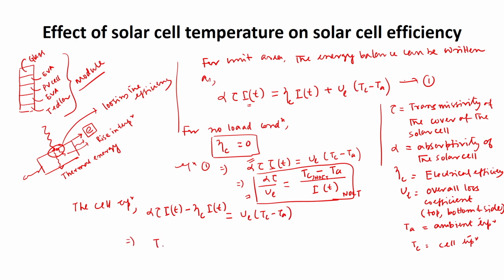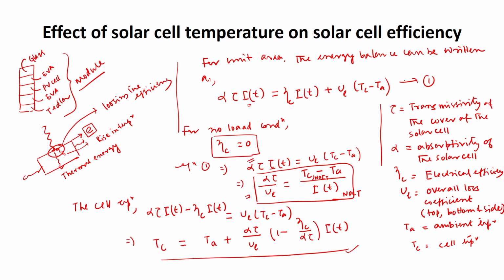So, T c will be T a plus alpha tau by U L into I t into 1 minus eta c by alpha tau. Okay. So, this is the expression for cell temperature, right.